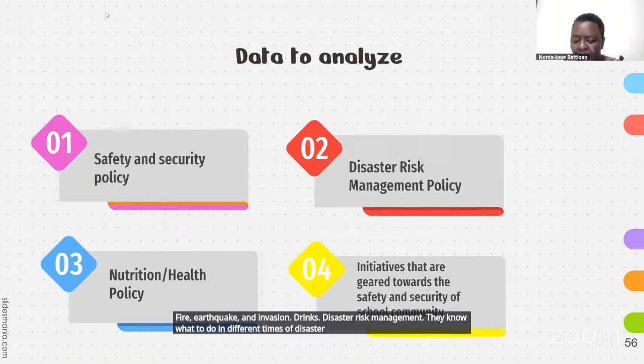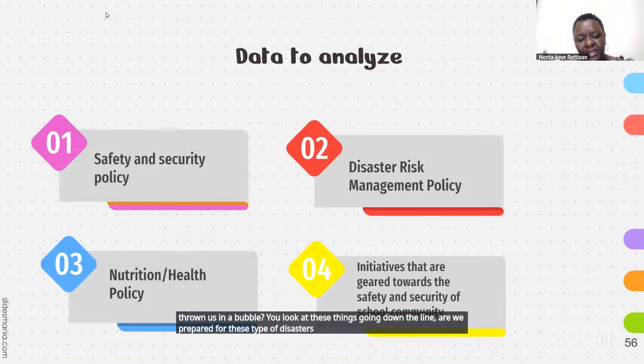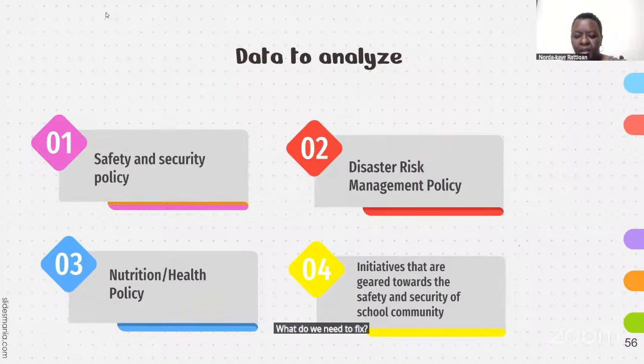Now that COVID came and threw us in a bubble, you look at these things going down the line. Are we prepared for these types of disasters, pandemics, and those things going forward as a school? What do we need to fix? All right.